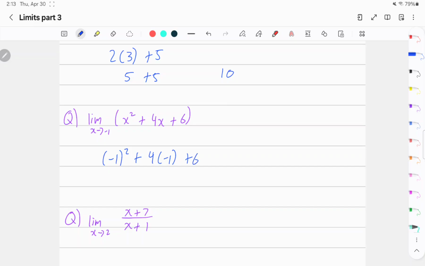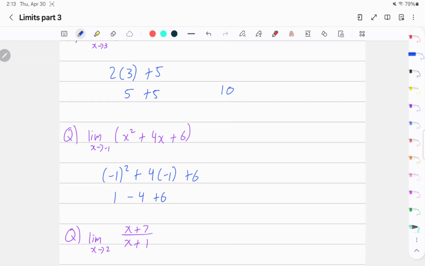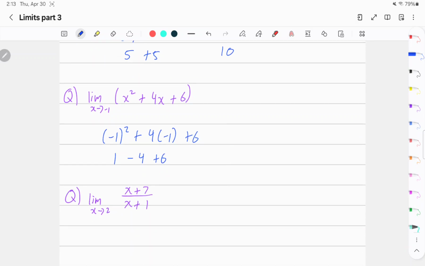If I further simplify, (-1) squared is -1 multiplied by -1, which is 1. And then 4 multiplied by -1 is -4, and then plus 6. In other words, -4 plus 6 gives 2, and 2 plus 1 gives 3. So you'll get a positive 3 out of this question.